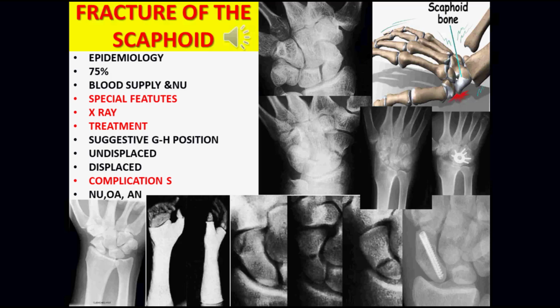This position is called the glass holding position or scaphoid plaster, for 2 weeks, and after 2 weeks we re-X-ray the patient. Another alternative method is doing an MRI or CT scan.